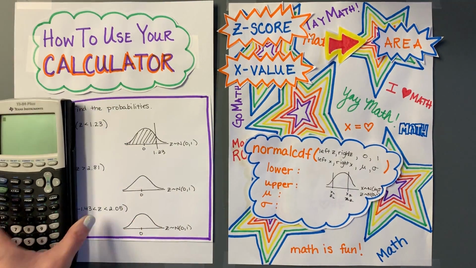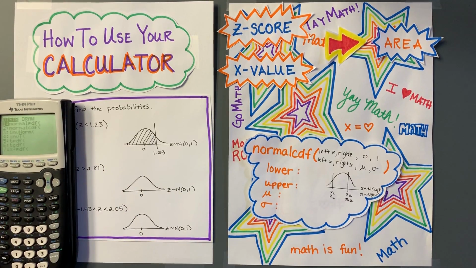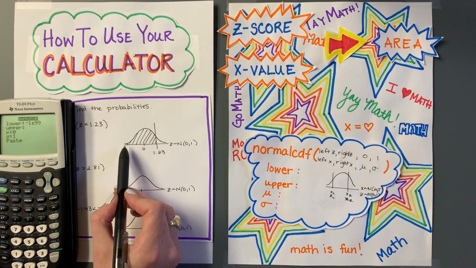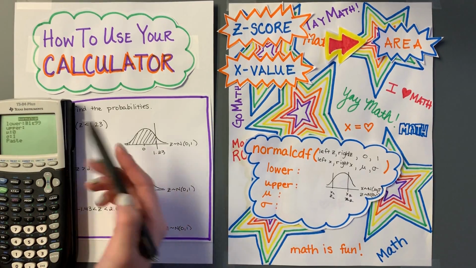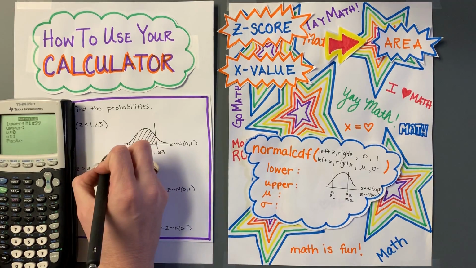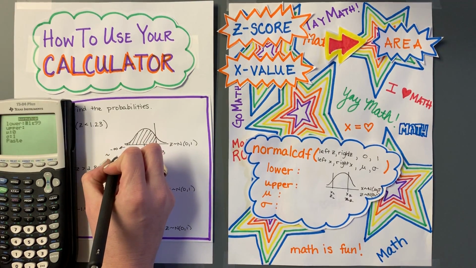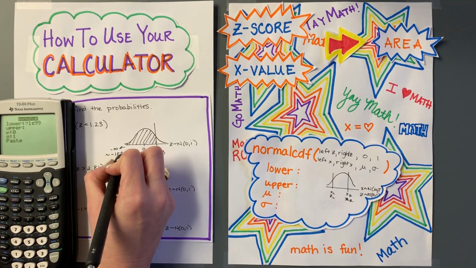So I'm going to pull out my calculator here, and I'm going to do a second distribution, normal CDF, and I'm going to look for the leftmost z limit, which is negative infinity. Our calculator cannot do negative infinity, so we are going to approximate it with the largest number our calculator is capable of, which is 1e99.